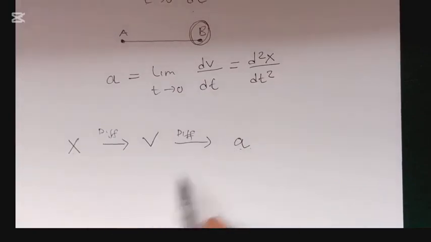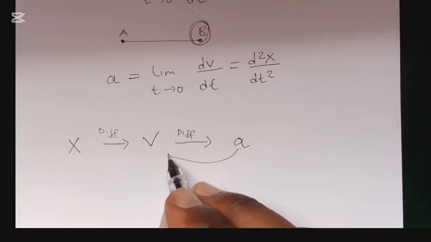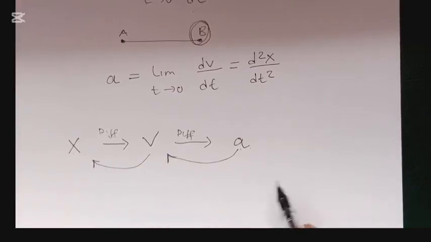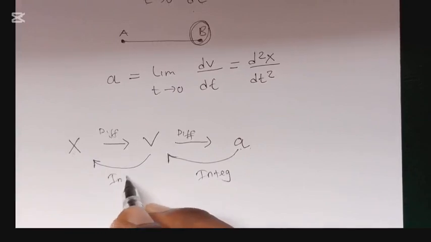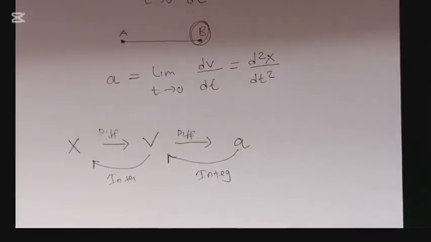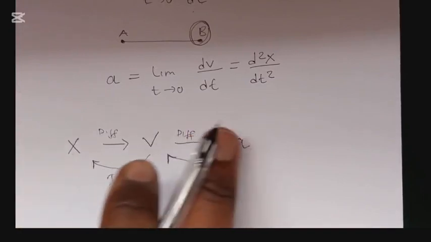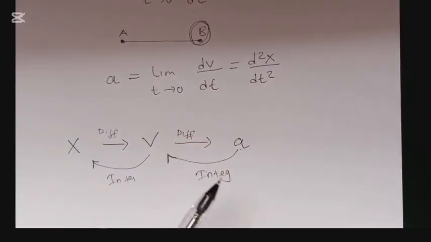If you go the other direction, you have to integrate. This will be very important when you start looking at questions. You're supposed to know that whenever you're moving from x to v, you differentiate, from v to a, you differentiate, and then from a to v, you integrate, and v to x, you integrate also.